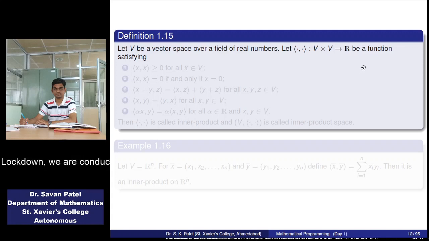So it is a function from V cross V to R satisfying these conditions. First of all, non-negativity for the same pair x and x. So inner product of x and x should be non-negative for all x in V. If inner product of x and x is 0, then x should be 0. And if x is 0, this inner product should be 0.